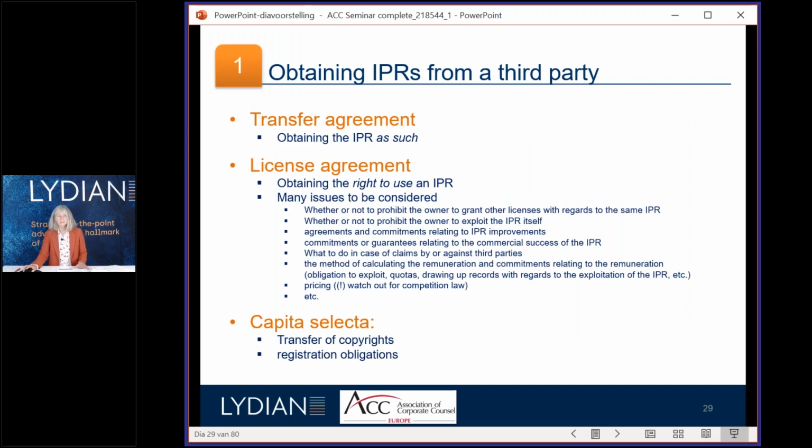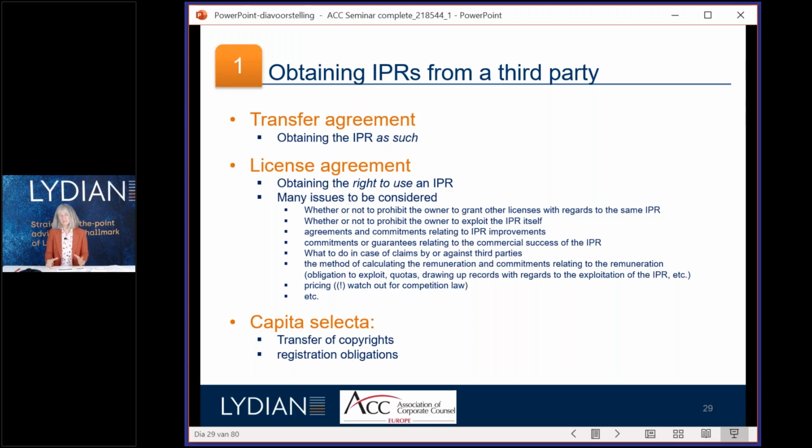So the first part is when we obtain a right from a third party. There are basically two types of agreement. Transfer agreements, where we transfer the ownership of the rights.